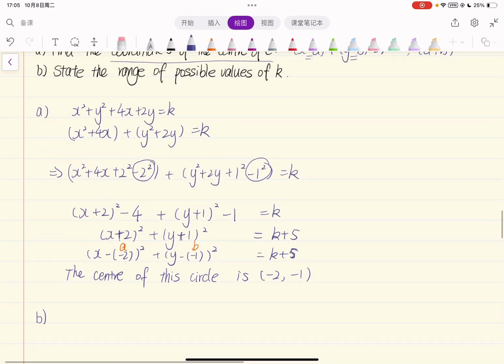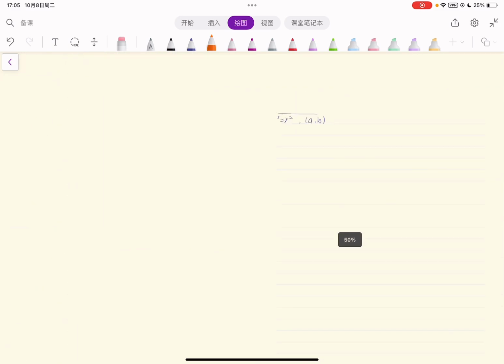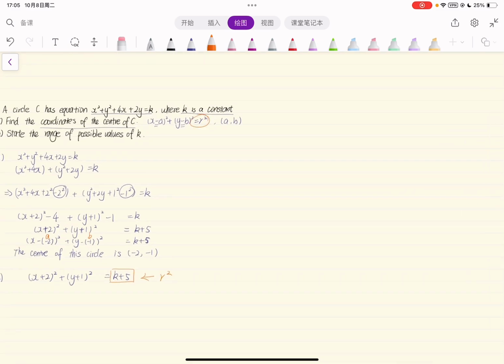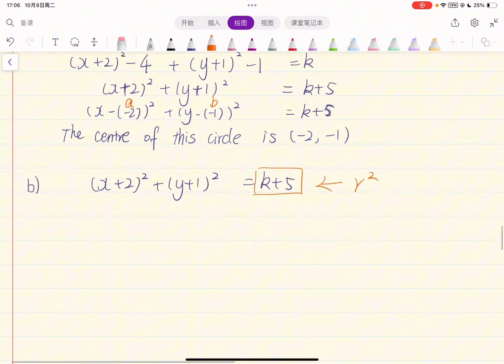From the part A, what we have x plus 2 squared plus y plus 1 squared equals k plus 5. Remember that k plus 5 in the equation of circle is r squared, right? Here is r squared. For any number, square of that is always greater than or equal to 0.